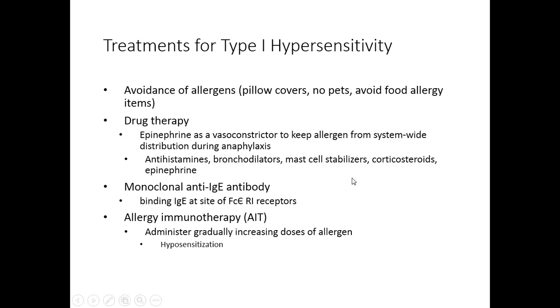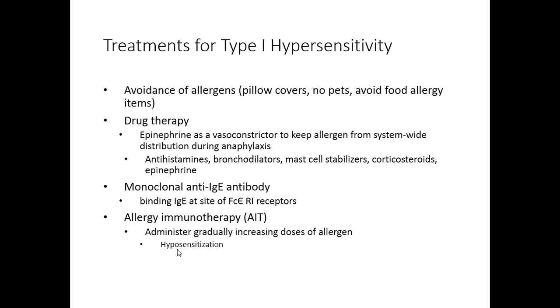So if you have the little Y, right, it's binding to the Fc portion of that. So there's a monoclonal antibody against the Fc portion that would normally bind into that receptor on the mast cell. If you are blocking that IgE mast cell sensitization, the hypersensitivity reaction doesn't take place. So that's a very clever treatment, and that's a marketable drug.